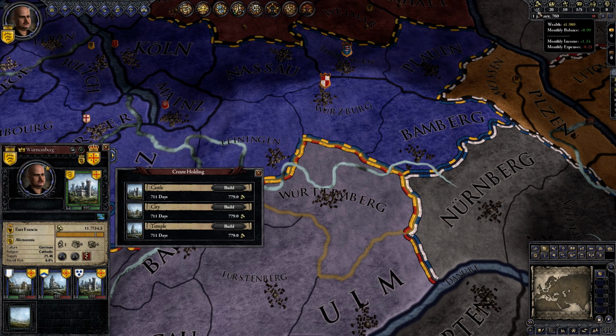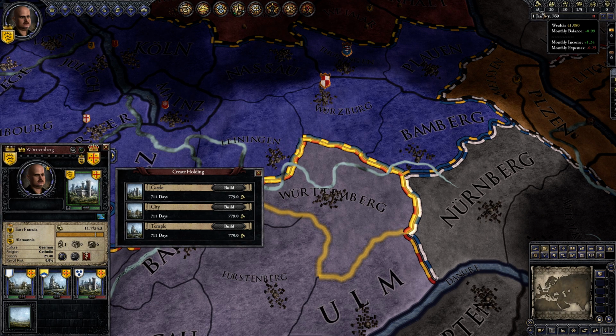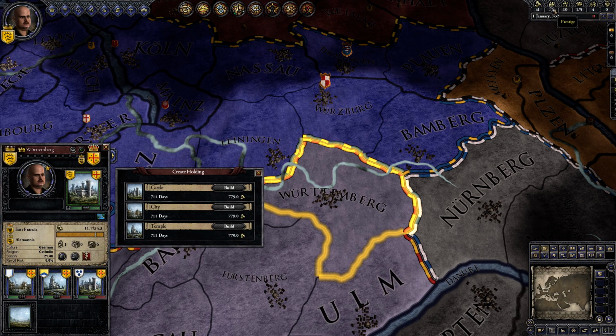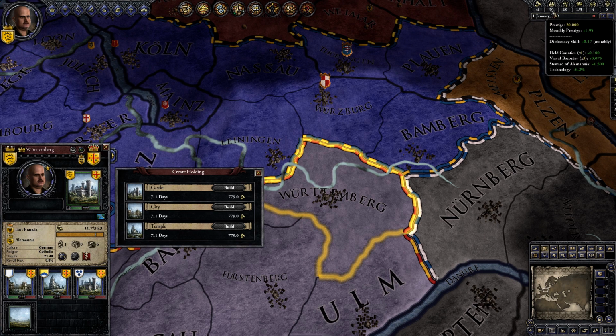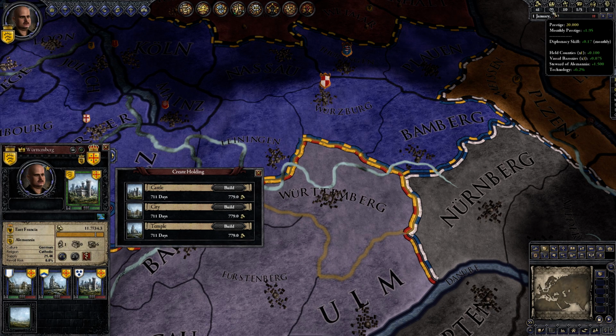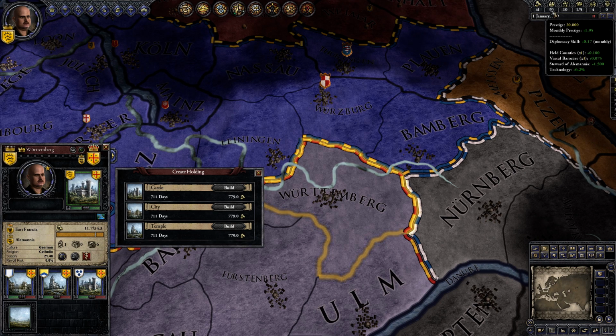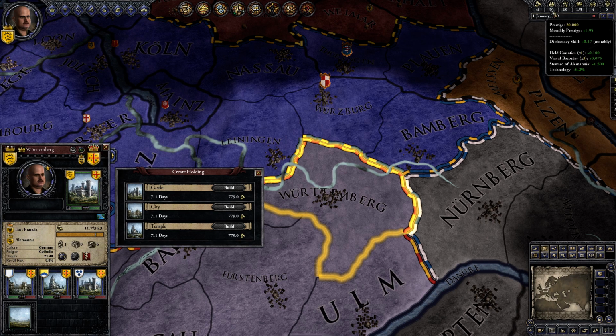You have a starting capital. As a count, it's basically nothing at the beginning. You have prestige, which shows you how famous you are and how well received your family is in your surroundings, more or less.